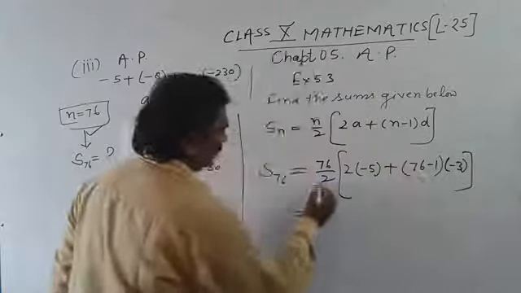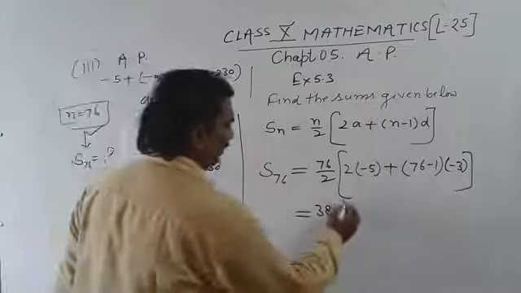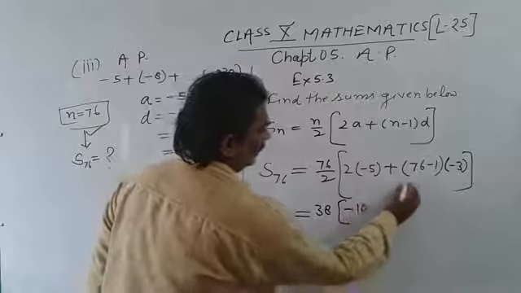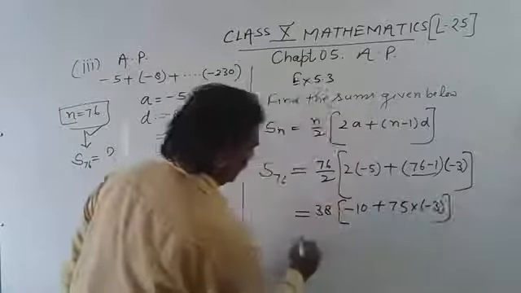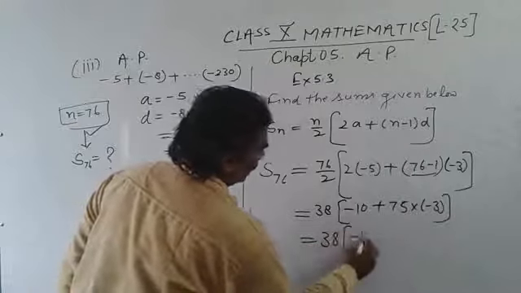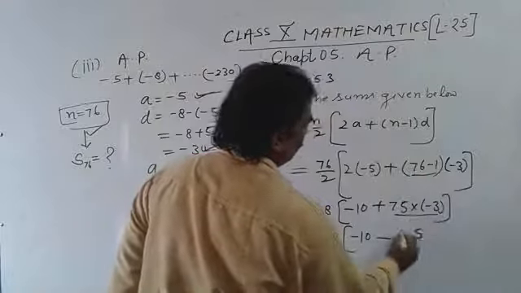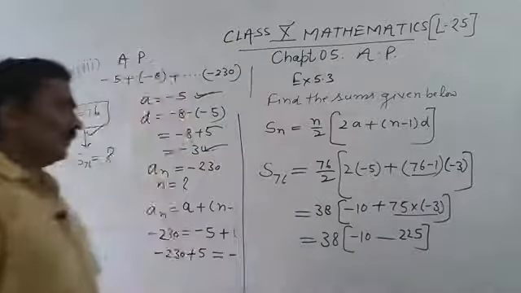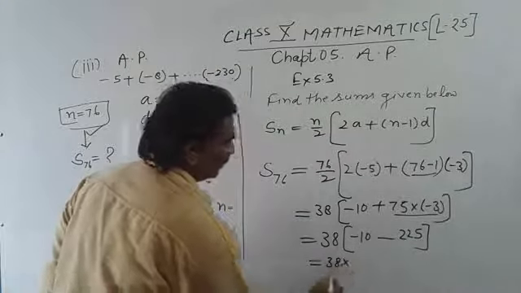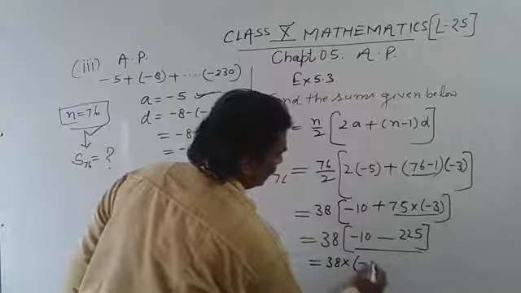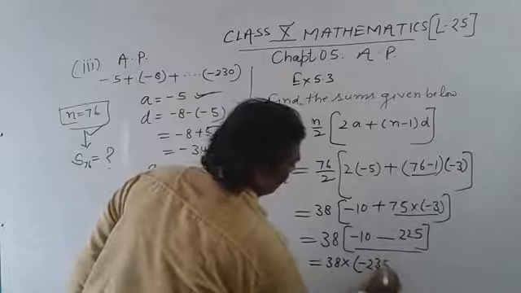Now 2 times minus 5 is minus 10, and here 75 into minus 3, which is minus 225. 76 upon 2 is 38, minus 10 and minus 225 becomes minus 235, and finally 38 multiplied by minus 235.